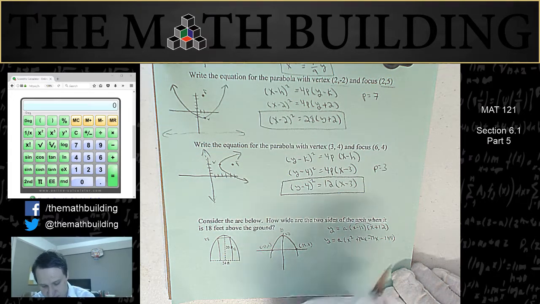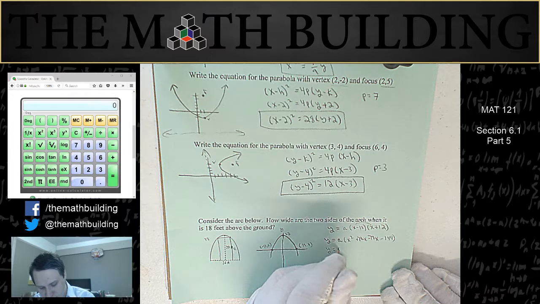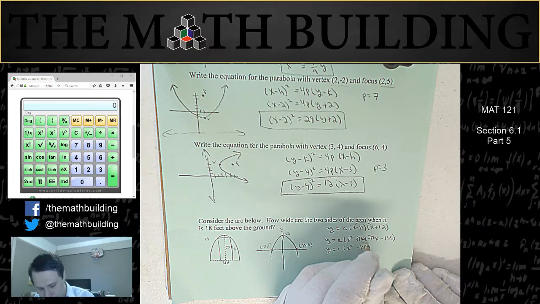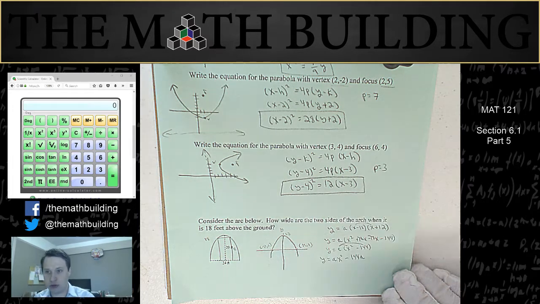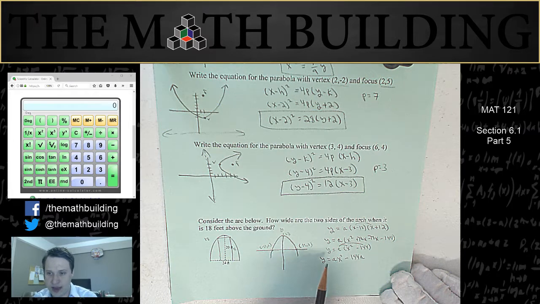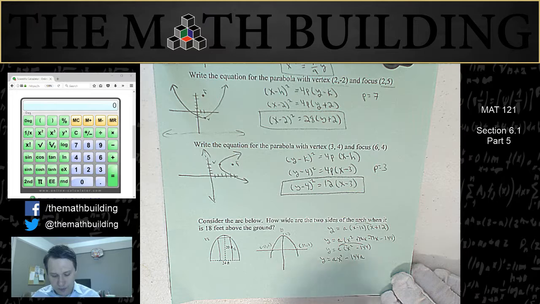The 12x's cancel, so we get y equals a times x squared minus 144, or y equals ax squared minus 144a. All I did on that last step was distribute the a. So we have y equals ax squared minus 144a.